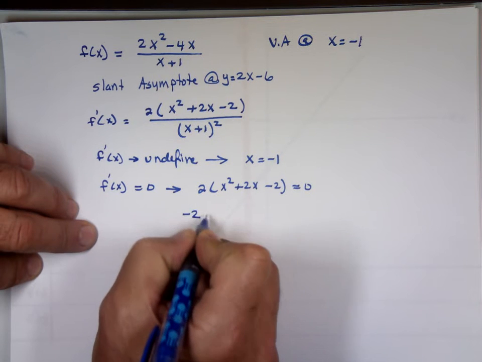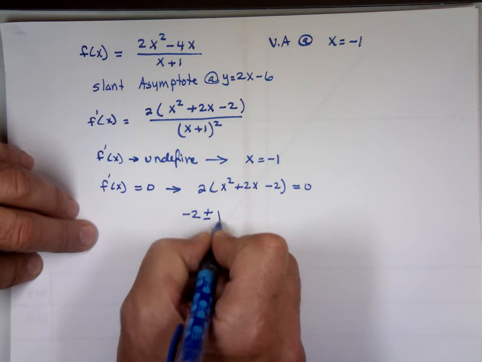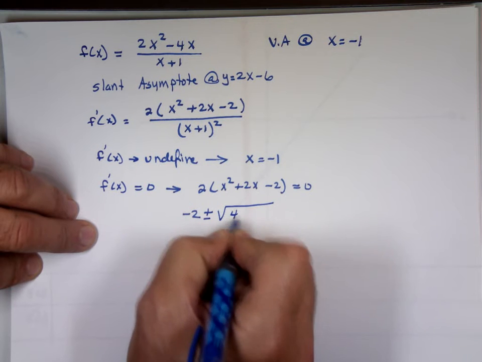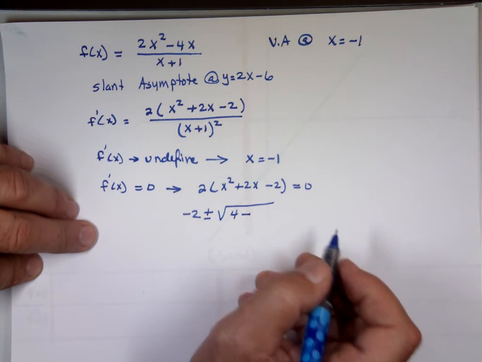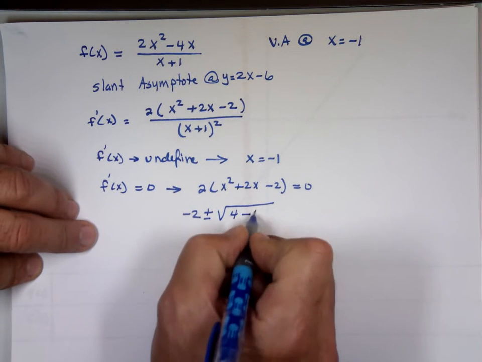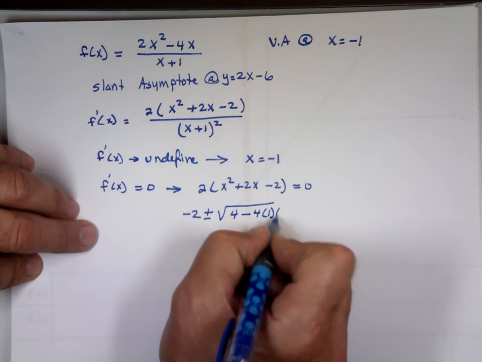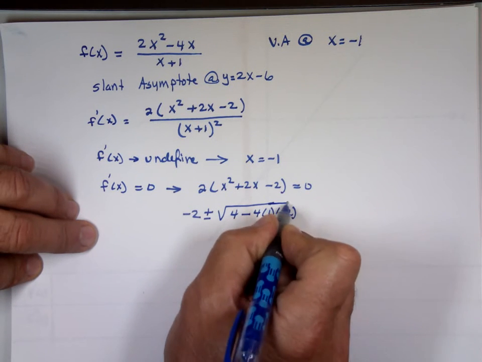-2 plus or minus the square root of what? 4 minus 4 times a times c, which is -2. Too bad. I was hoping for a negative value.